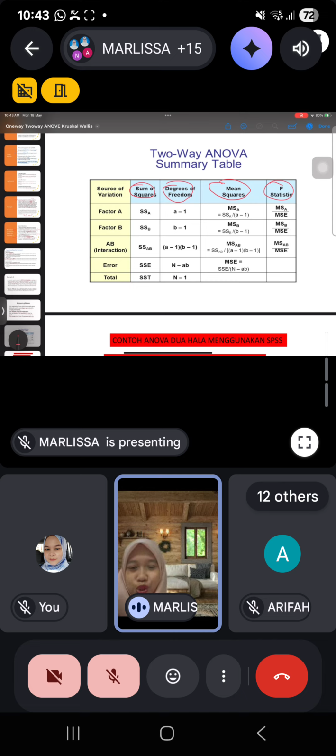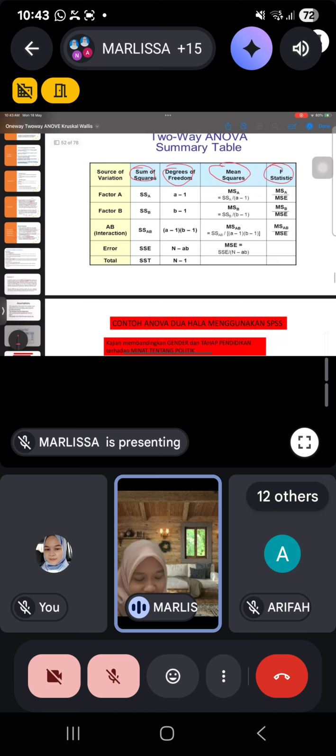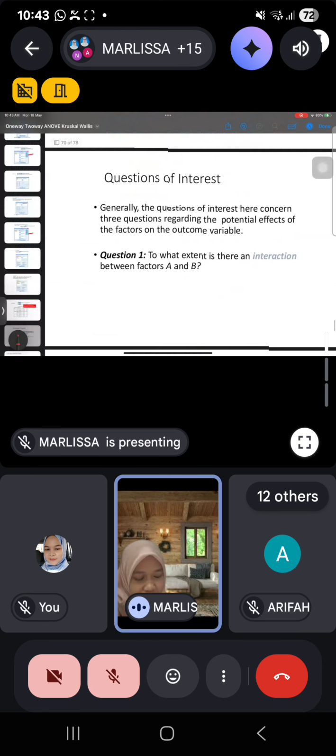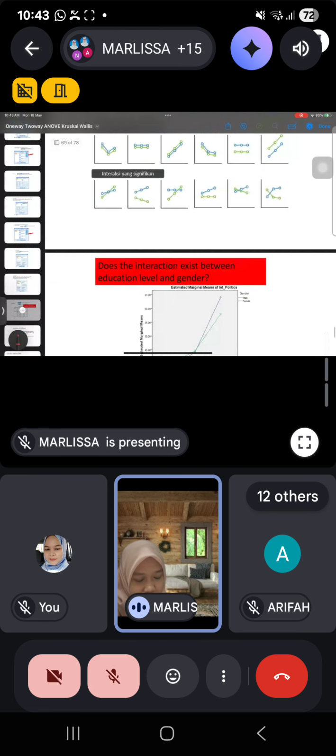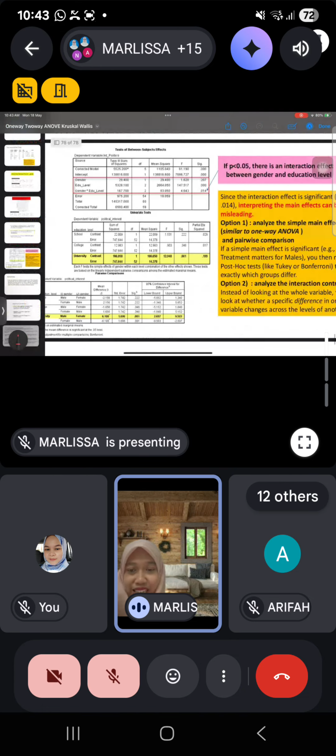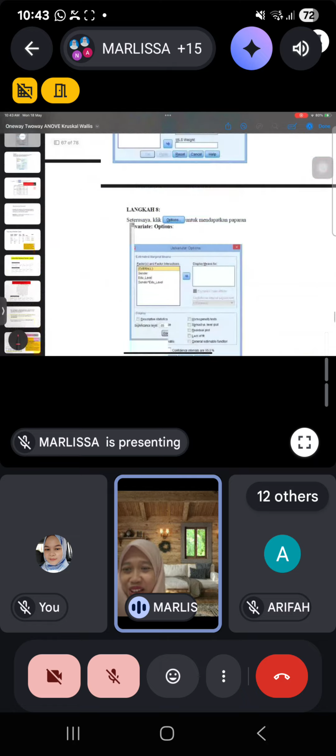If they ask you to calculate, like we've done in our one-way ANOVA, do they have the example here? They don't have the example for the calculation like we did last time.